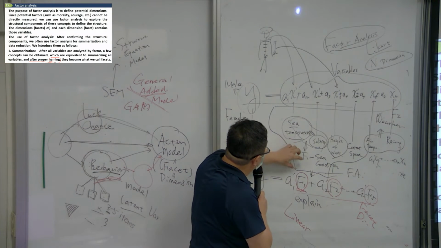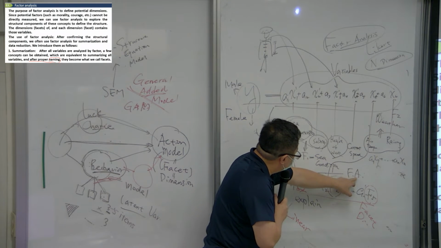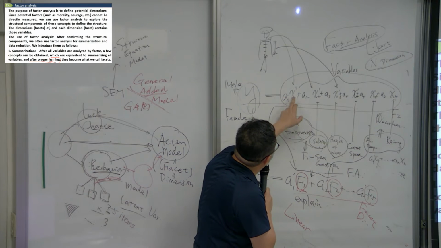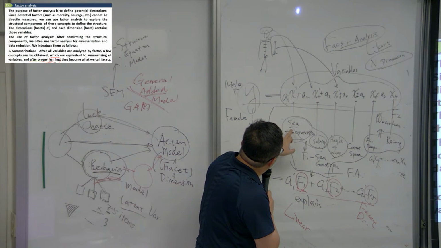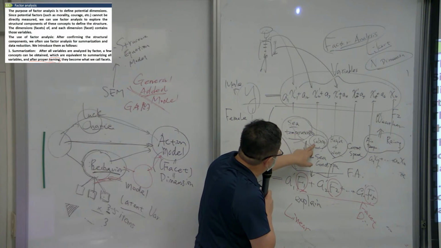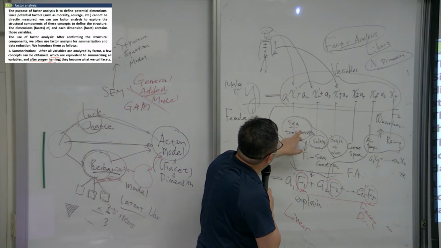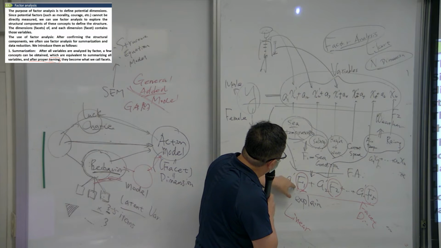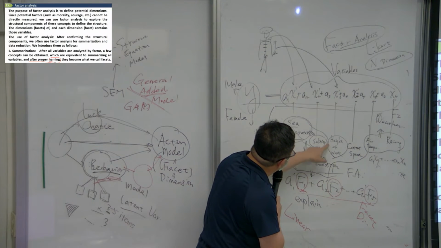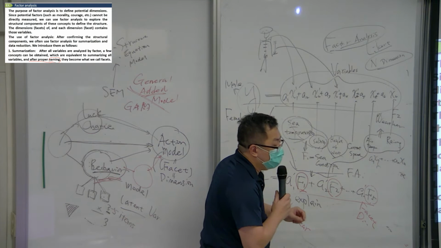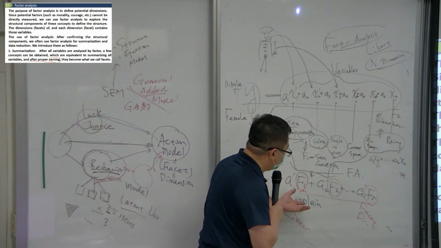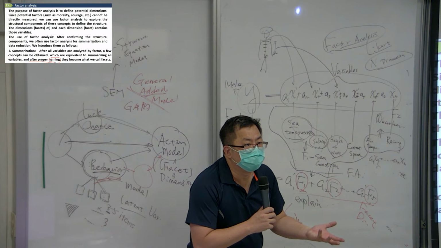Oh, after the factor analysis, we got F1. F1 includes this, and this is sea temperature, and this is sea salinity. Oh, water salinity. Oh, these are composed in factor 1. We give this factor a name, maybe just as I say, sea condition.